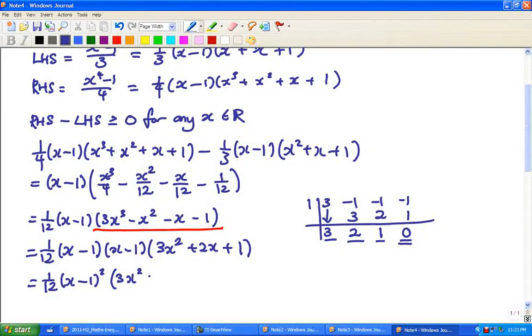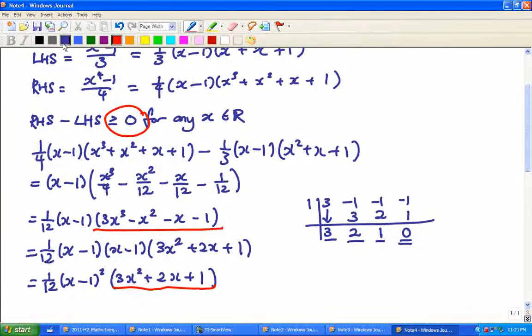So we actually have a positive constant 1 over 12 multiplied by a perfect square, x minus 1 squared, times 3x squared plus 2x plus 1. Remember, our original goal is to show that right hand side minus left hand side is always greater or equal to 0. So this just leaves us with trying to show that this part here is always greater or equal to 0.